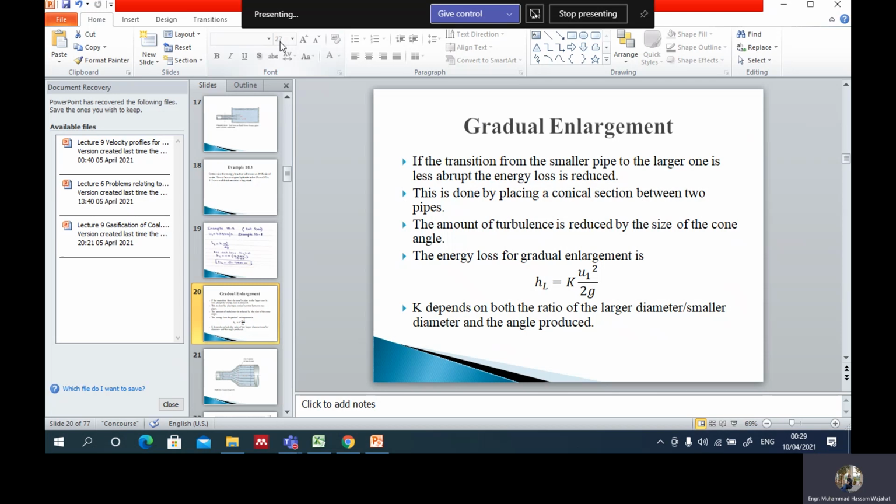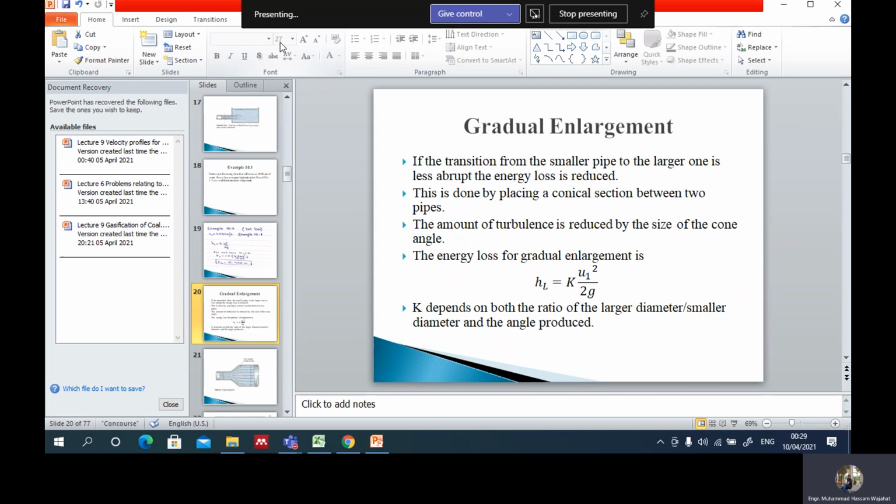That angle is created by placing a cone between the flow of the fluid. When you put a cone, the cone projects at a certain angle. That angle is what helps you in controlling the flow, how gradual it is.